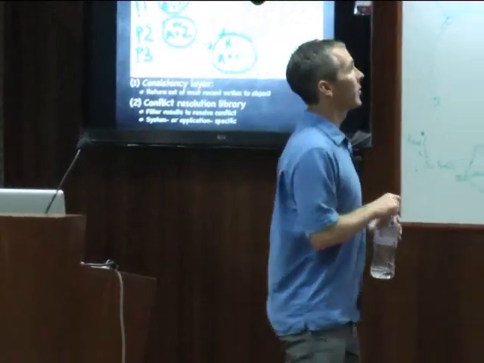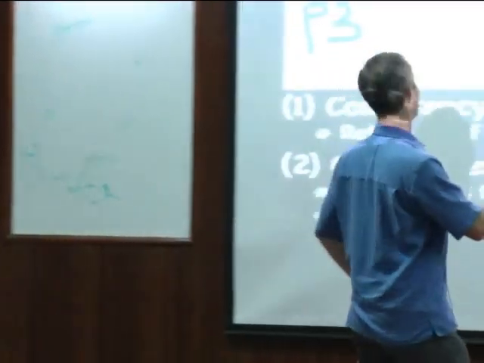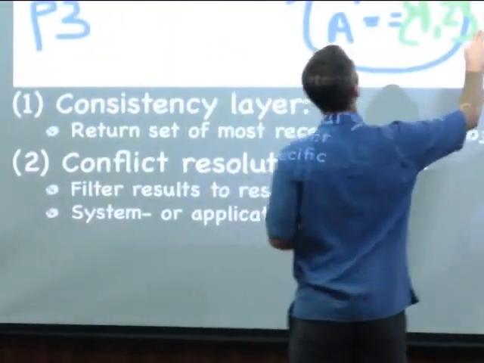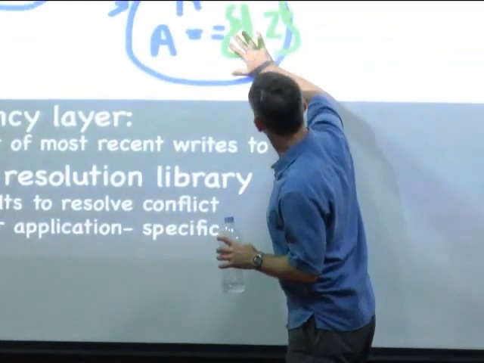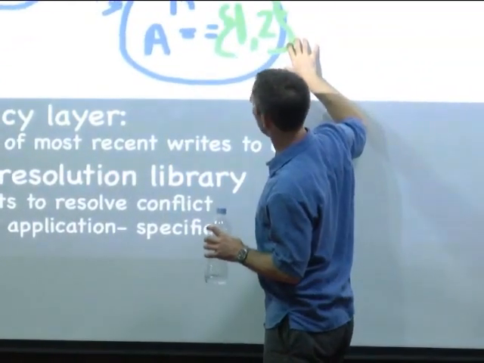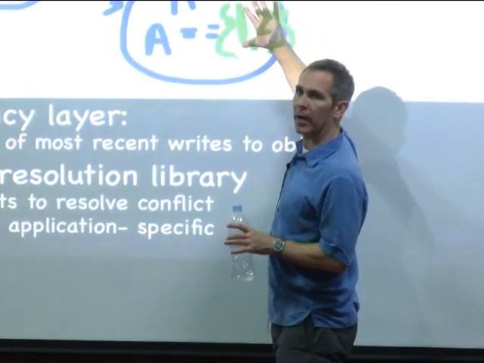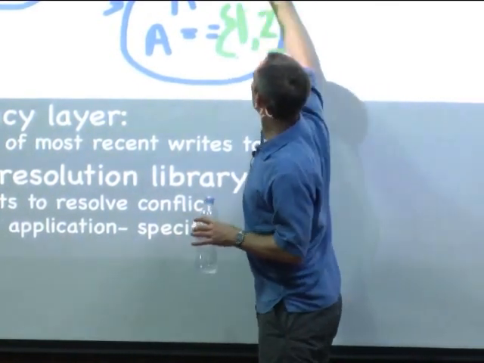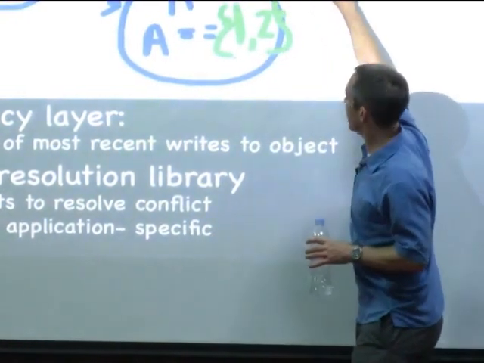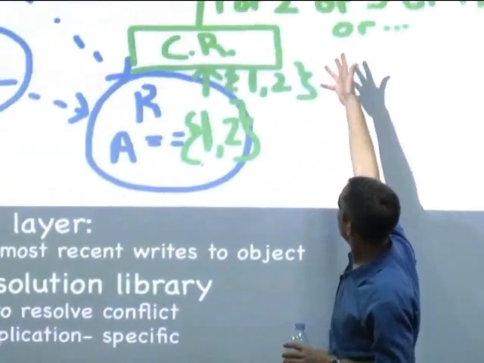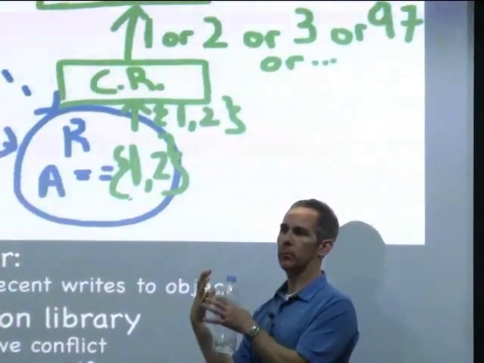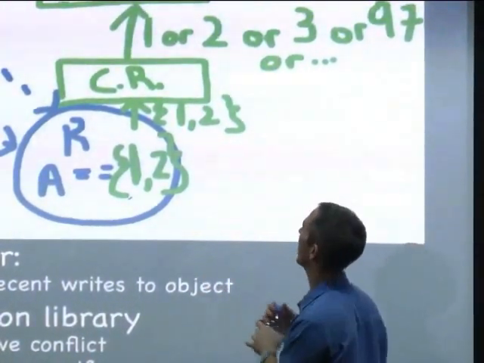Right? And so causal consistency will give you this as raw material, and that's well defined, and then some conflict resolution layer, which may be application specific, will hand maybe a munged value up to the application.